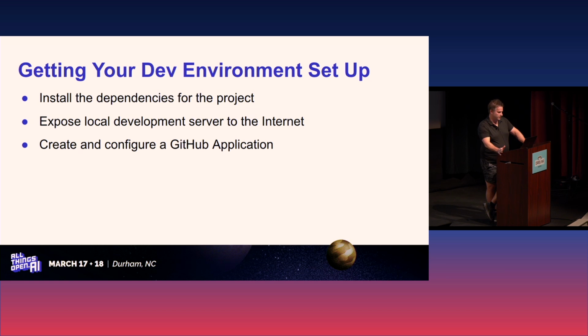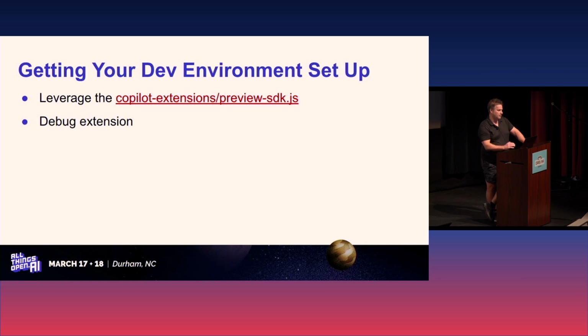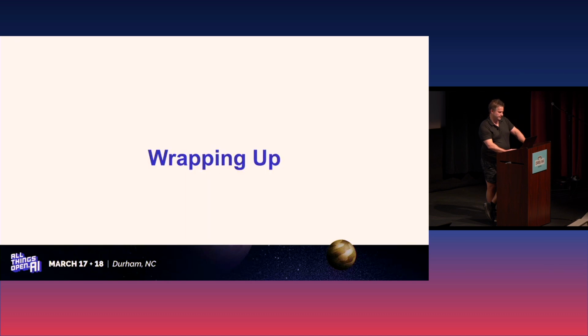It's a Node.js project. The other thing is, like I said at the beginning, even for development, you have to expose a web application on the internet. And I'll show you how you can do that. And we need to create and configure the GitHub application like I was saying. And we're going to leverage the Copilot extension preview SDK. And I'm going to show you how you can debug the extension.